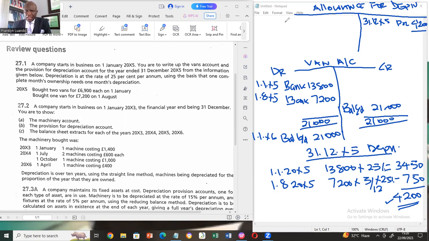So at the end, we also have to balance this account. The balance carried down 4,200. And in the following year, X6, the balance brought down will be 4,200.